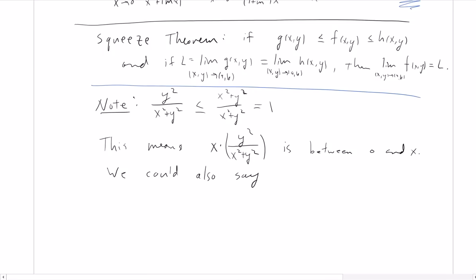We could also say that this same thing is between negative the absolute value of x and the absolute value of x. So this sort of gets around the fact that we don't know if x is positive or negative. If x were positive, this is just saying that x times some small fraction is in between negative x and x.